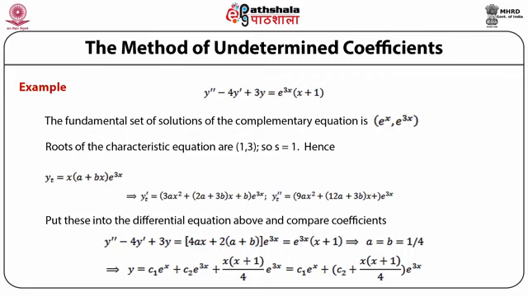Hence, the general solution of the differential equation is y is equal to c1 times e raised to power x plus c2 times e raised to power 3x plus x into (x plus 1 by 4) times e raised to power 3x. This is equal to c1 times e raised to power x plus within the brackets (c2 plus x into (x plus 1 by 4)) multiplied by e raised to power 3x.